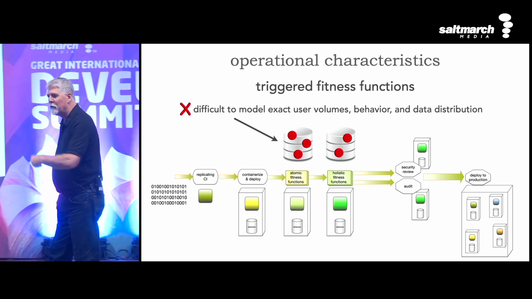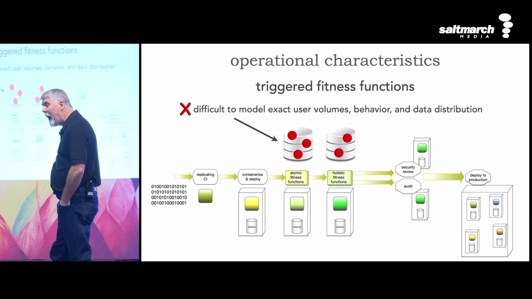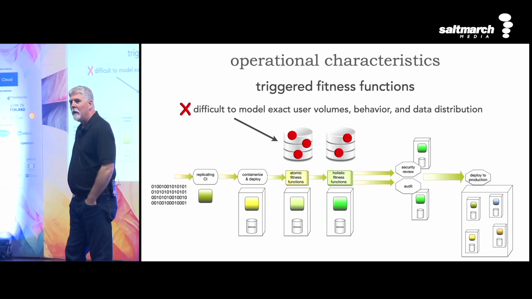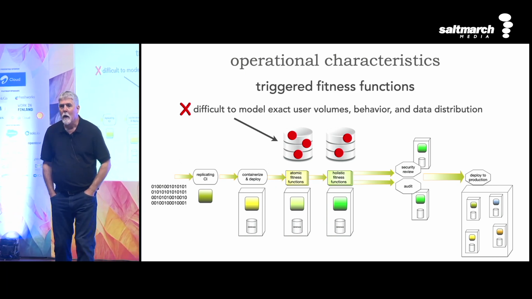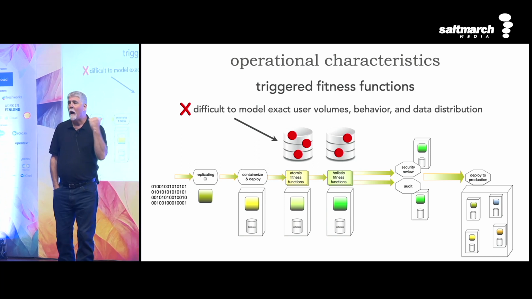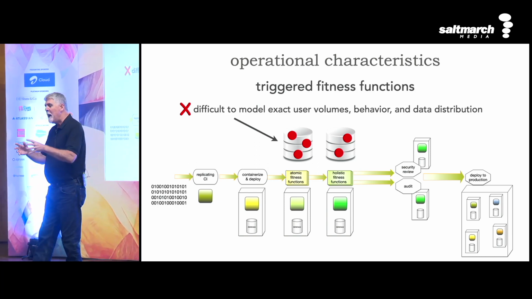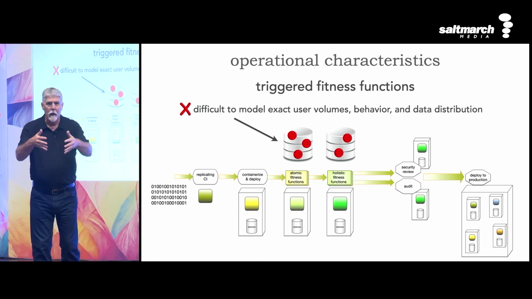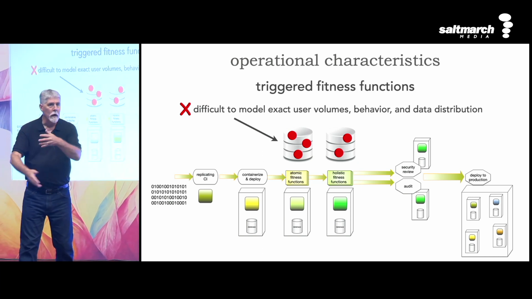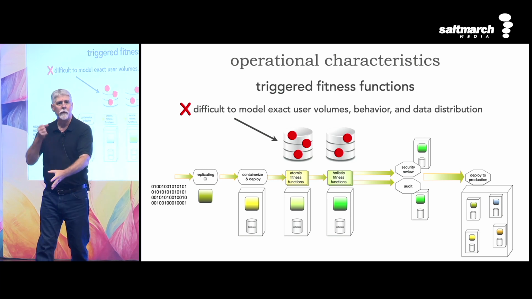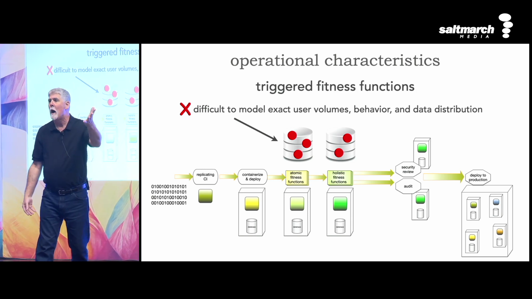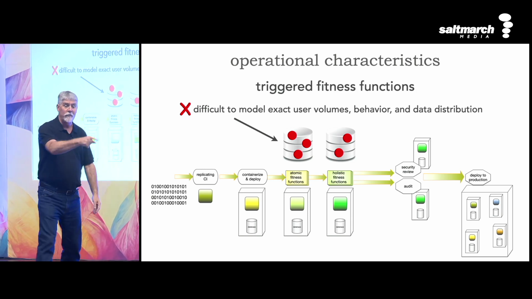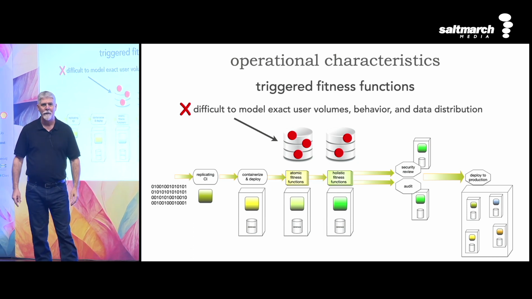This is my point about triggered, is the fact that what we're trying to do is simulate the user experience. But what we generate are these hotspots in the database. Maybe it's just because of the way we've structured our data that all of a sudden we're doing a lot of inserts. We go from a row level to a table level to a page level lock. Boom, test failed. See, this impacts our availability.